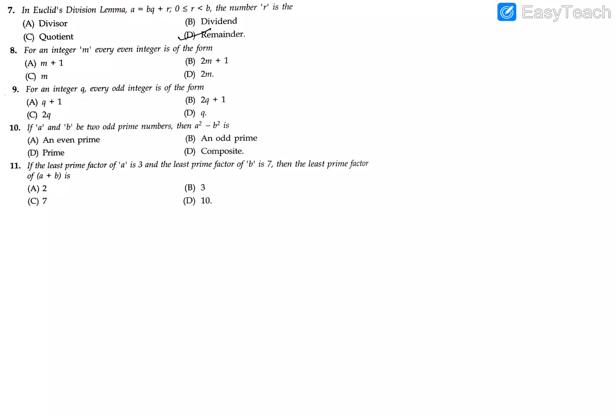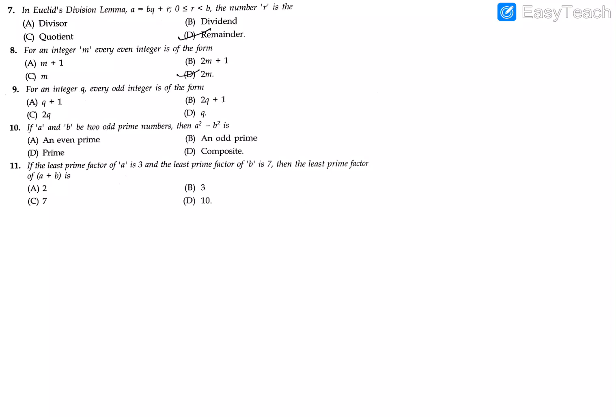Next question. For an integer m, every even integer is of the form. Every even integer is of the form 2m. So option D is correct.